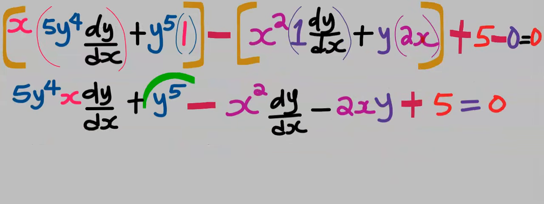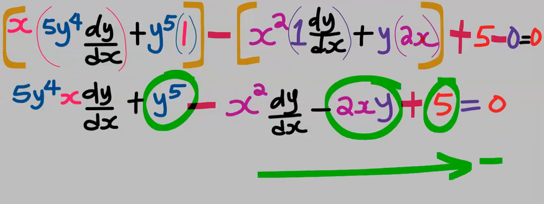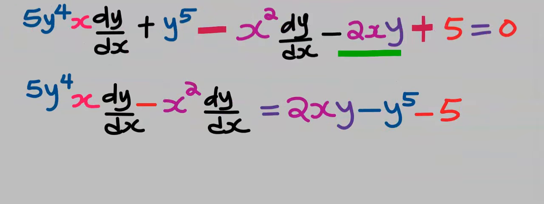Next, the variables without dy dx attached to them will move over to the other side of the equal sign. Next, if this move over, it will become a plus, and if this move over, it will become a minus, and if plus 5 moves over, it becomes minus 5.